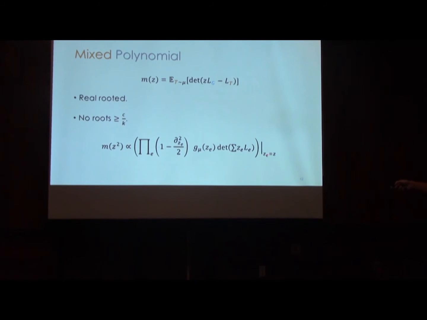I'm going to symmetrize all of the variables, so I'm going to plug in z for all of the variables, and in the end I will get this univariate polynomial. Any questions so far? Notice that if I show this, real rootedness immediately follows, because all of these operations were preserving real stability, and a univariate real stable polynomial is real rooted.